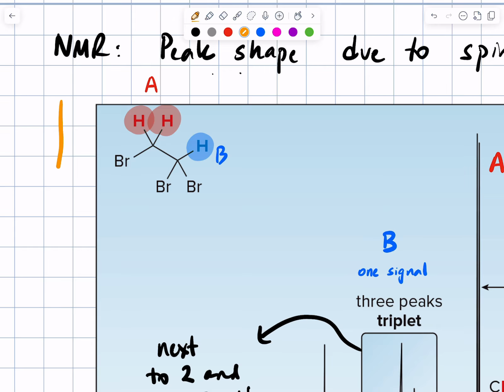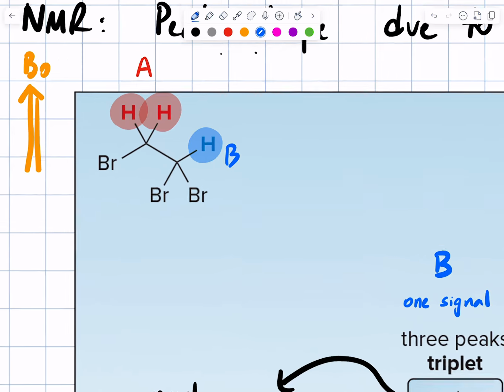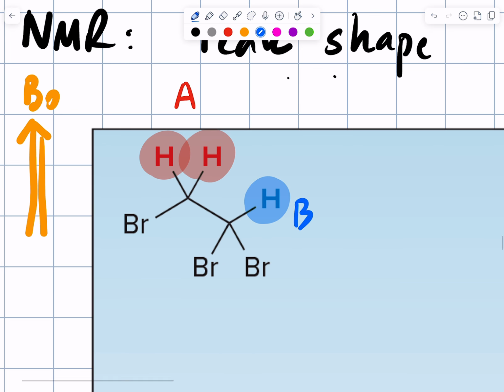On proton A, we experience the external magnetic field B0, but we remember that proton B is also a little magnet.